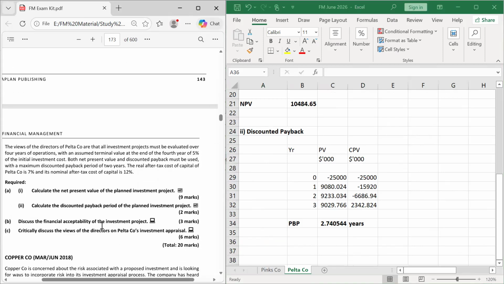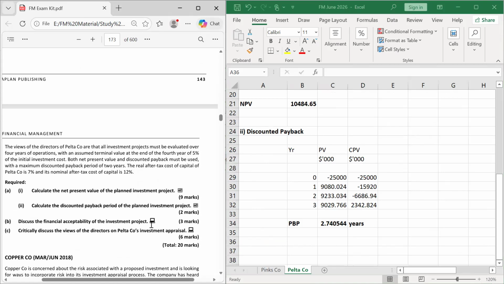Discuss the financial acceptability of the investment project. Now you have to write this on Word, but even if you had to write it down, you could simply write that the investment project is acceptable under the NPV decision rule, because the NPV is positive, significantly positive. However, as per the discounted payback period, because the targeted payback was 2 years and the project payback is 2.7 years, from this perspective the investment project is not acceptable.